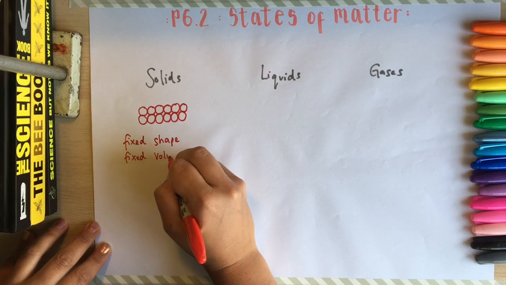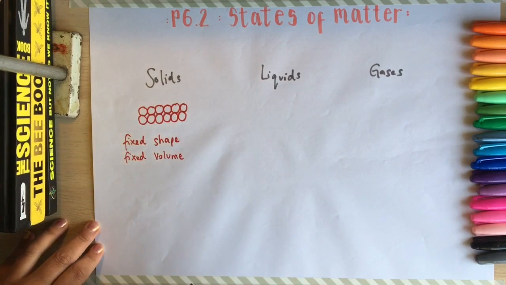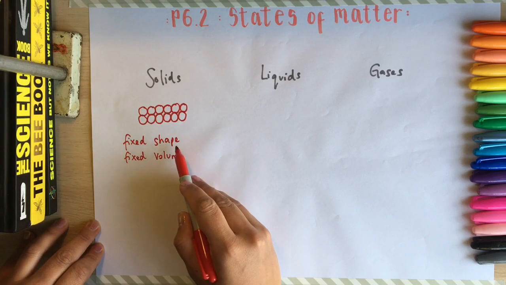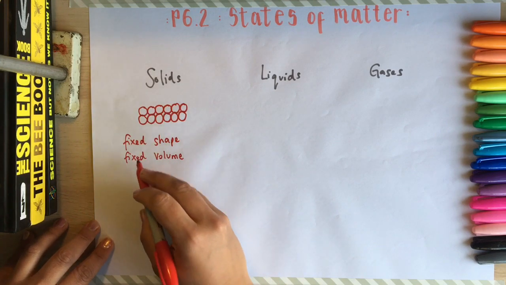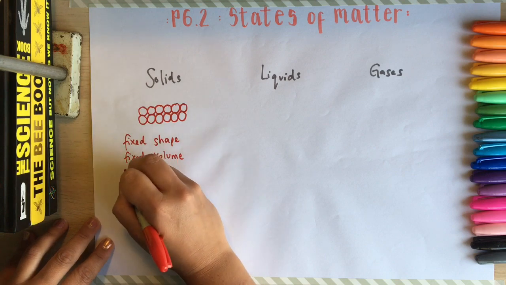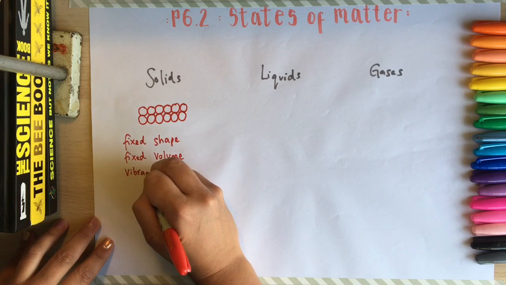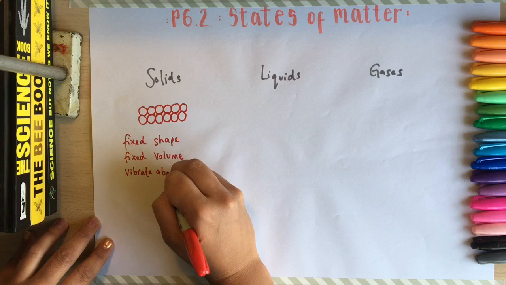What we mean by fixed volume is that it can't be compressed. Because it has a fixed shape, it can't flow. And the particles vibrate around their fixed positions.